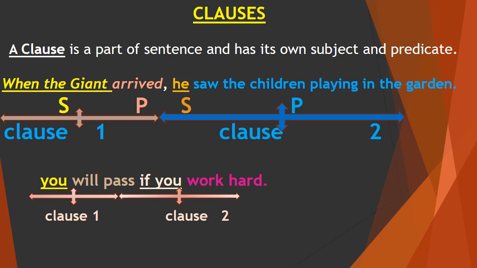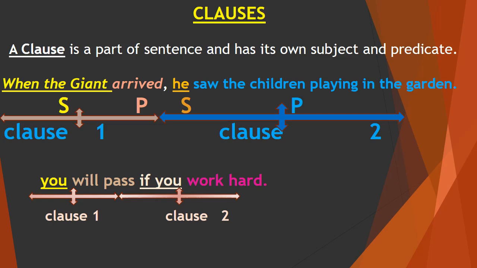See this example. When the giant arrived, he saw the children playing in the garden. Here are two clauses. First one is when the giant arrived, and second one is he saw the children playing in the garden.